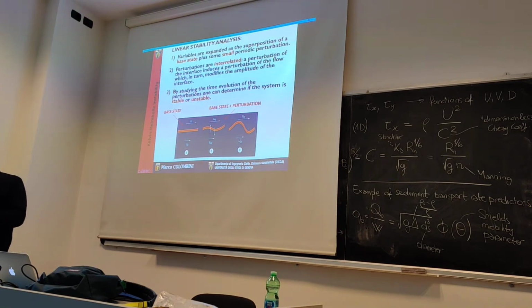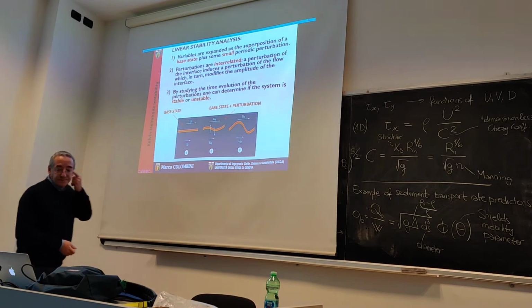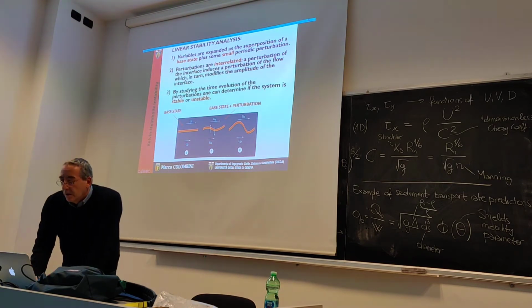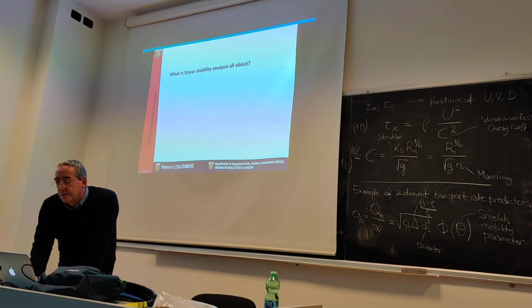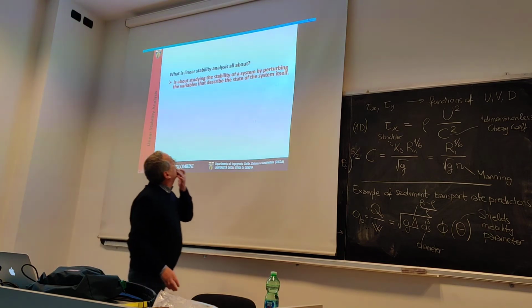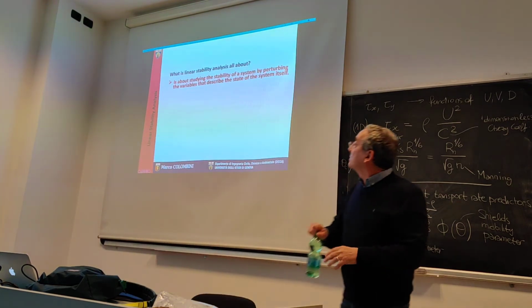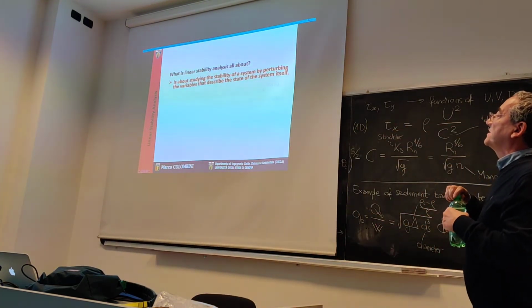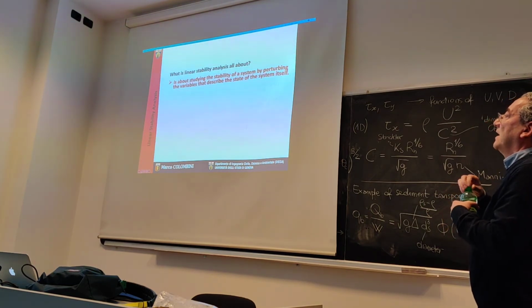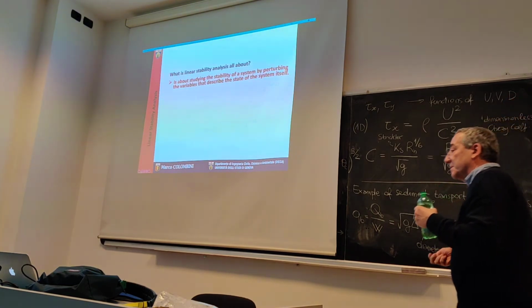If after the kick the system explodes, so the perturbation amplifies in time, then it is said to be unstable. So what is linear stability analysis all about? It's about studying the stability of a system by perturbing the variables that describe the state of the system.